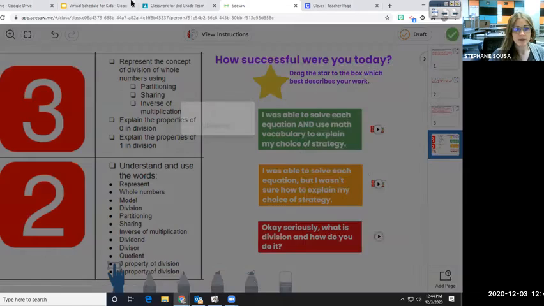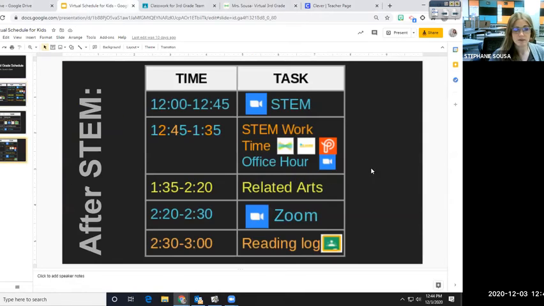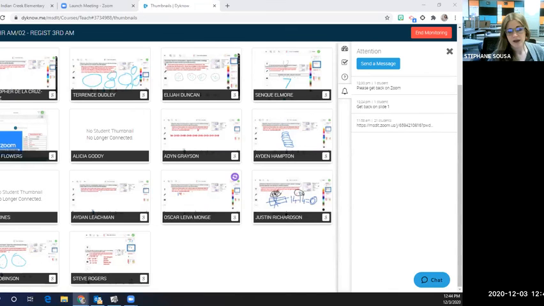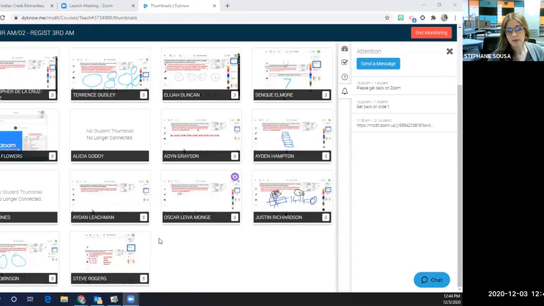Second reminder is that during your STEM work time, you are to be working on Zearn and Prodigy. I shared with you on announcements yesterday that if I do not start to see people on Zearn every day when I am looking at your screens like this, if I don't see Zearn popping up like I do over here with your Seesaw, then I'm going to start assigning it as a Seesaw activity where you have to take a screenshot, okay?